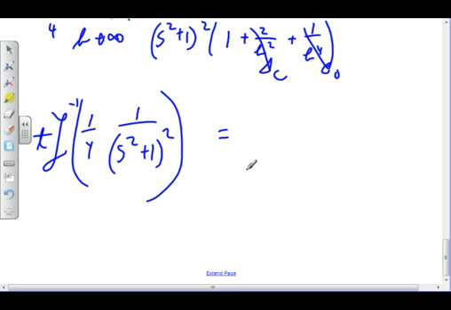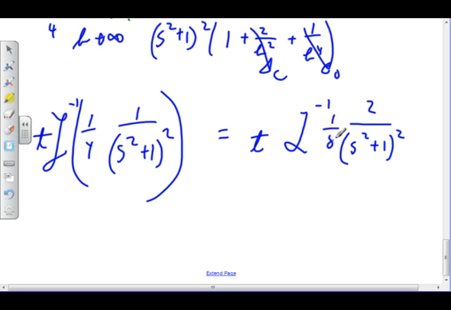Okay, number 20. Number 20. Okay, so I got a t, inverse Laplace transform. I'm going to want a 2 on top. So 2 over s squared plus 1 squared, 1/8. Okay, so I got a 2 on top.